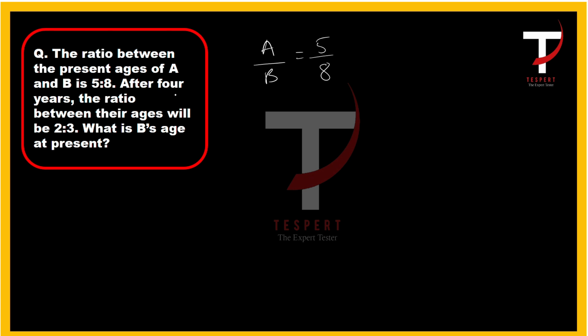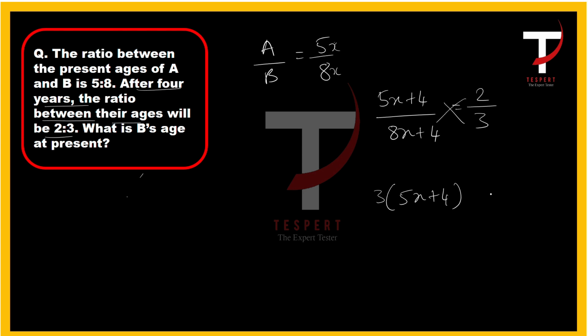After 4 years, the ratio between their ages will be 2 is to 3. So the ages will be 5x and 8x, and after 4 years, 5x plus 4 by 8x plus 4. The ages will be 2 is to 3, that means 2 by 3. So just cross multiply: 3 into (5x plus 4) is equal to 2 into (8x plus 4).